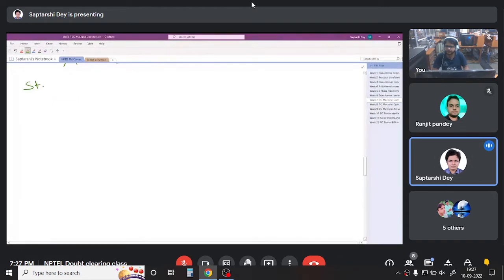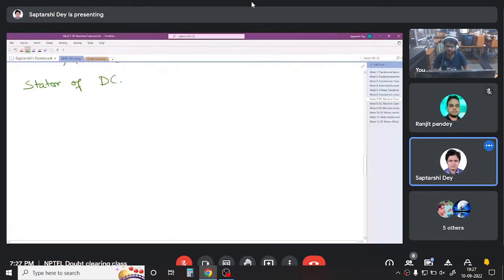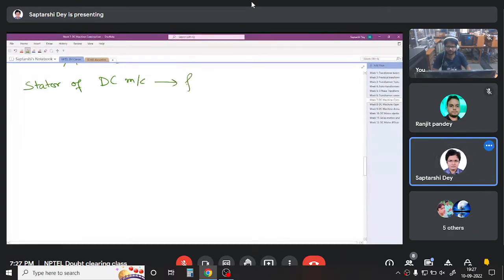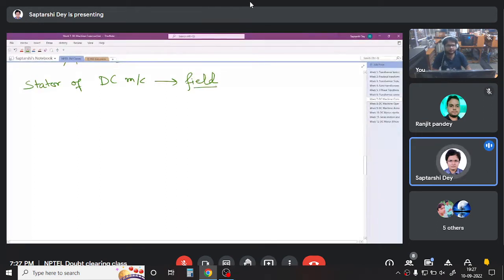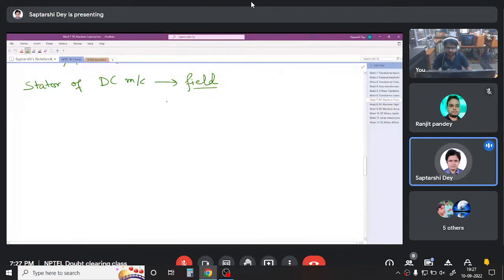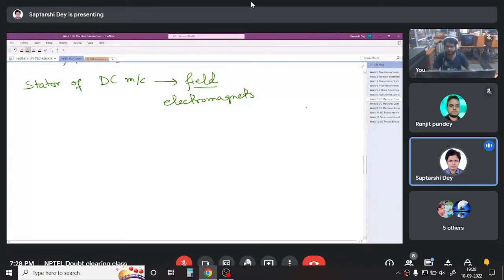So the stator of a DC machine creates field, magnetic field. How does it create field? It has electromagnets on it.